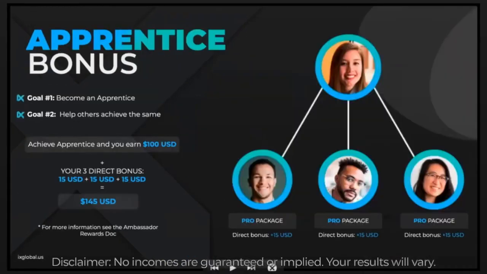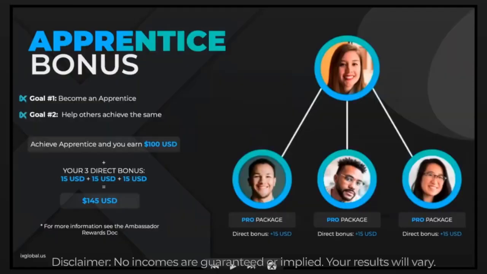Now let me show you the apprentice bonus. Now this is real important because this is kind of the brick of building your bank, I guess you could say. How do you build a building? You build it one brick at a time. The easiest way to offset your subscription cost is to become an apprentice immediately.